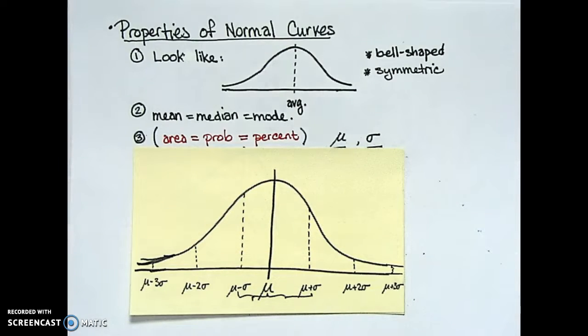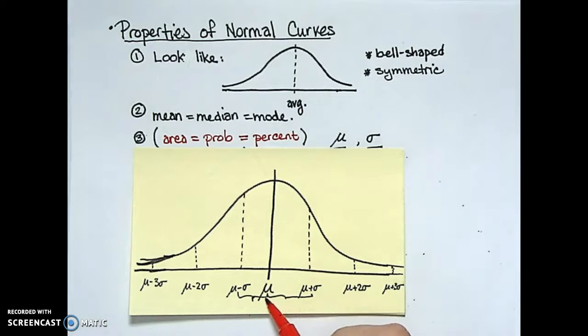So consider the normal curve that we see sketched here, where we have our average mu, and then I've marked out 1, 2, and 3 standard deviations both to the right, and 1, 2, 3 standard deviations to the left of the average.